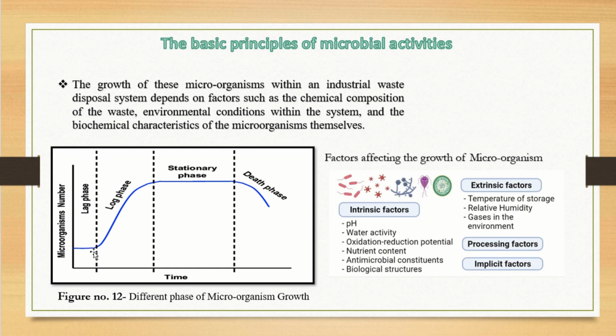First one is called the lag phase, then the log phase, after that the stationary phase and death phase. The energy production generally occurs in this phase. Some factors affecting the growth of microorganisms are pH value, water activity, oxidation and reduction potential, nutrient content, temperature, relative humidity, and gases in the environment.